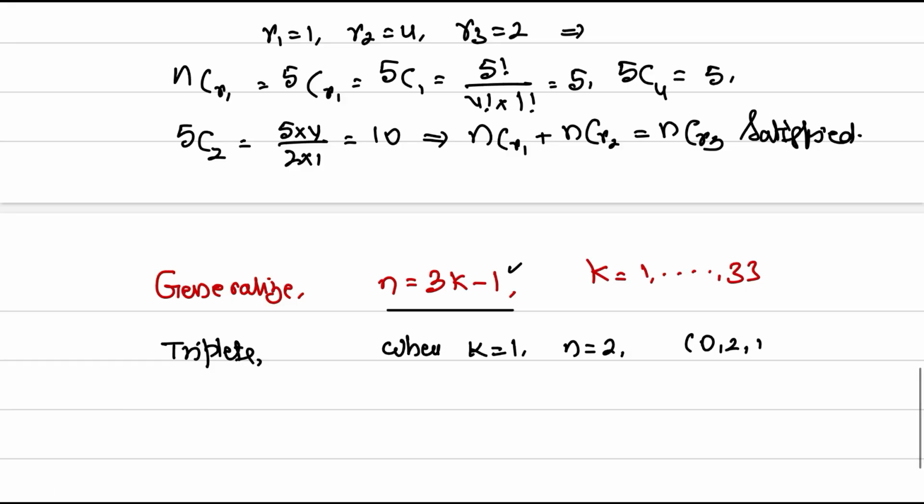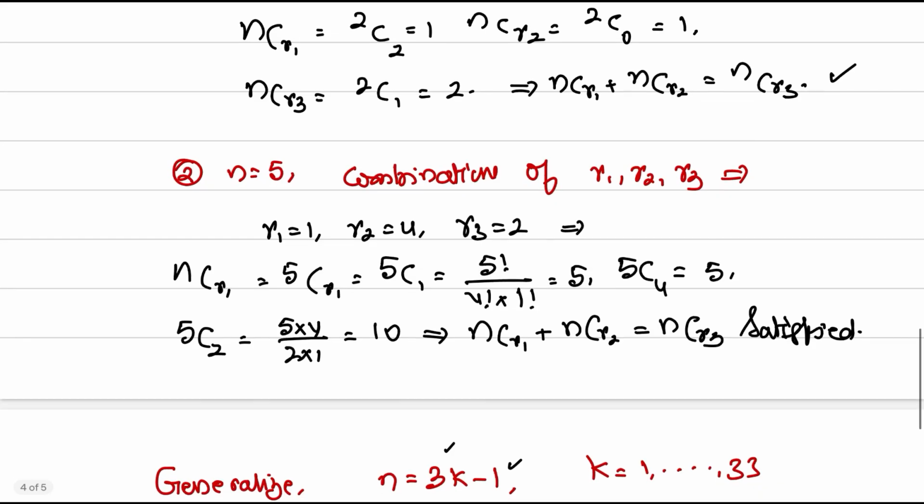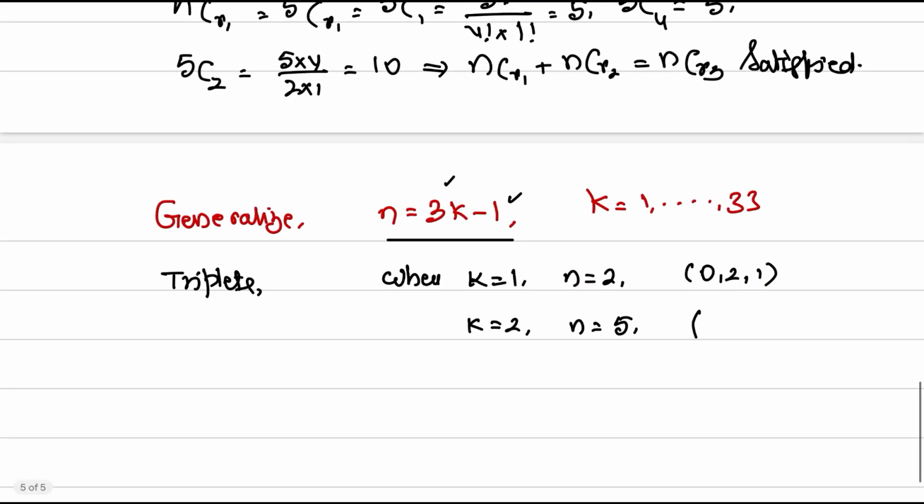We are just trying to establish, will there be any relation? When k is equal to 2, n is equal to 5. This is valid. What is the combination we have? 1, 4, 2.